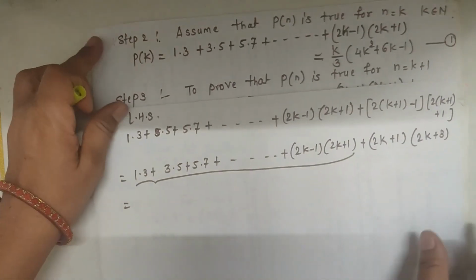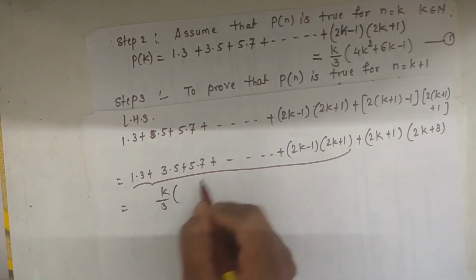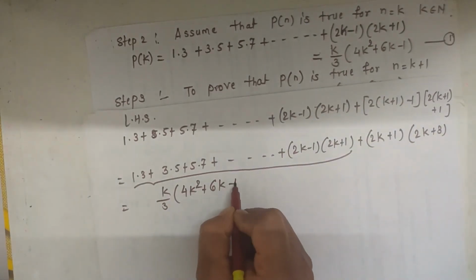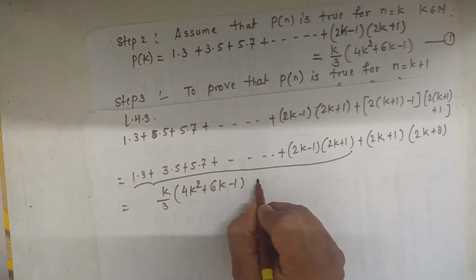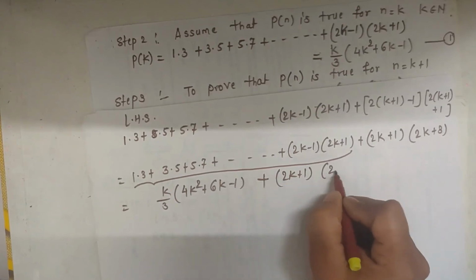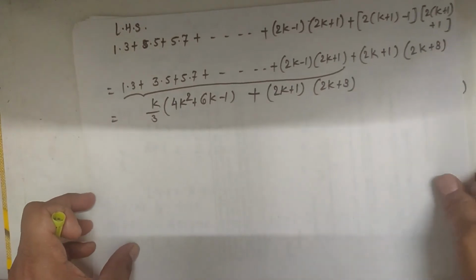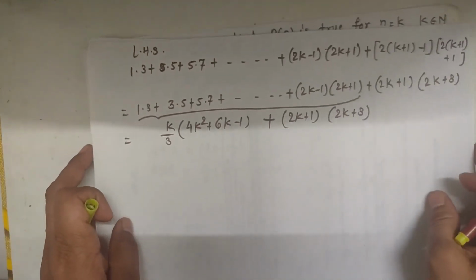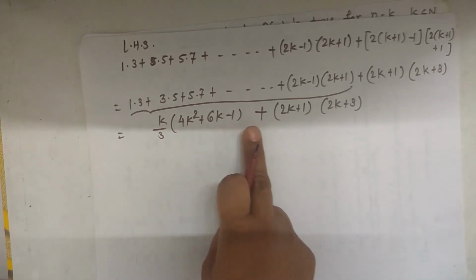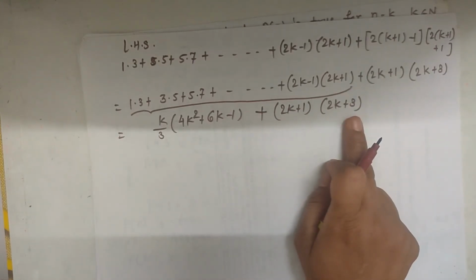Here the addition of this is k by 3 into 4k square plus 6k minus 1, and the last term is 2k plus 1 into 2k plus 3. Using equation number 1, addition of k terms is equal to k by 3 into 4k square plus 6k minus 1, plus the last term 2k plus 1 into 2k plus 3.